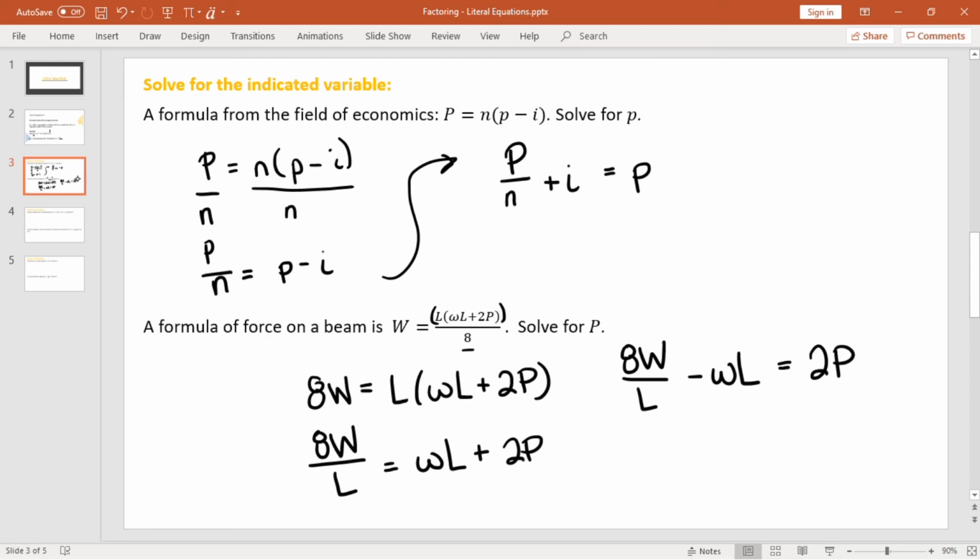Okay, and then I'm going to move the 2 over. So I'm going to divide both things by 2, and just be careful about how that affects your left side. So if I have 8w over L, I divide it by 2, I can rewrite that as 4w over L, but my second w is going to stay as a fraction.